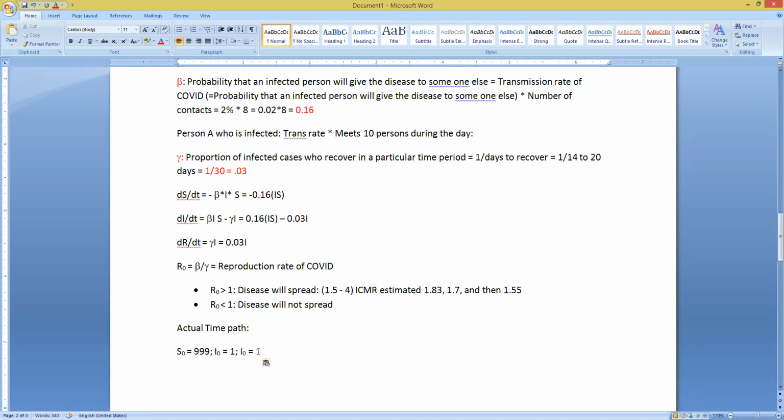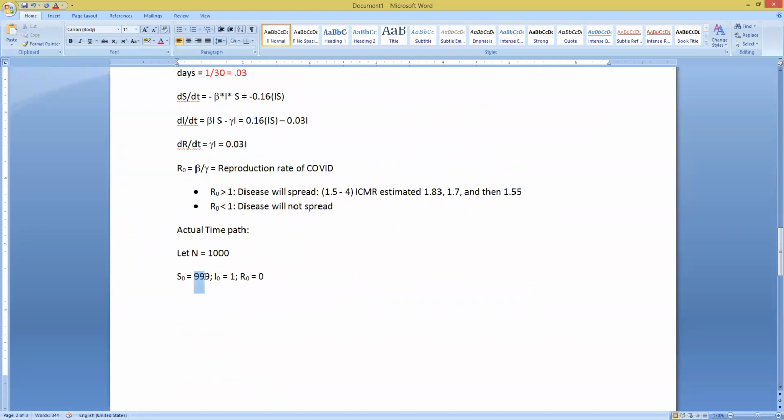So if the population is 1000, then there will be no recovered persons. Okay. So let N equal 1000. So suppose in the next period, S becomes 990.